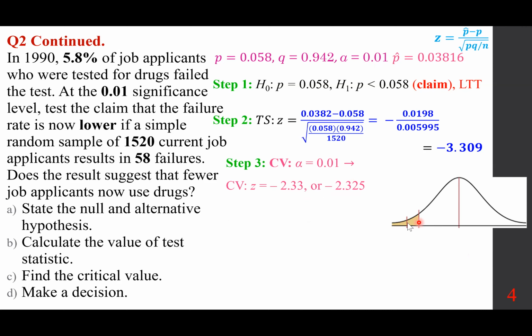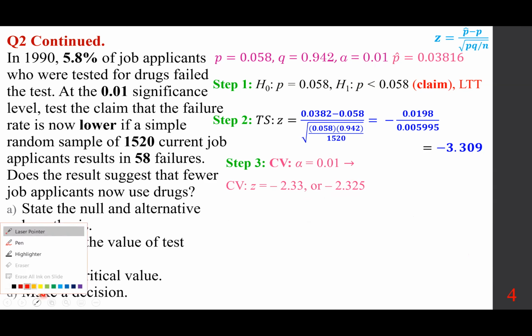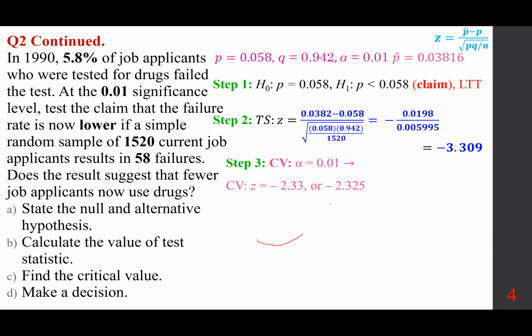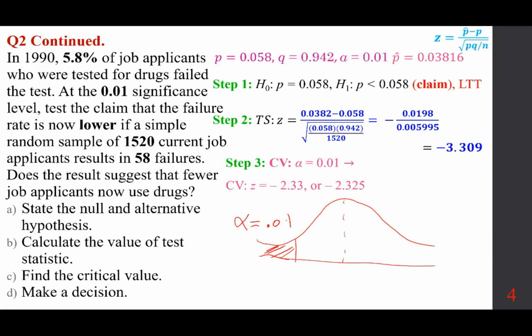This is the number. Since there are two and it may be confusing, let me just do this quickly. So you draw this, and this is a rough sketch. This tail is equal to alpha or 0.01, and using technology or table, this z value is a negative 2.325.